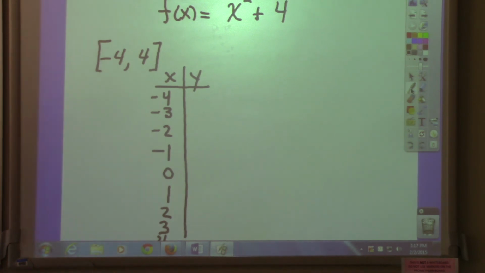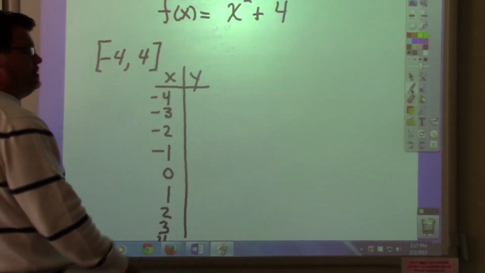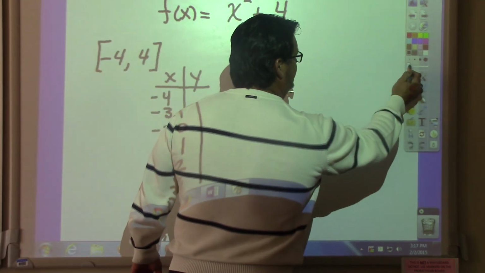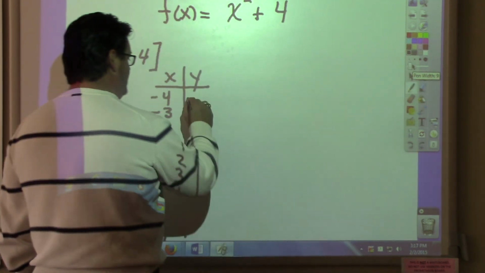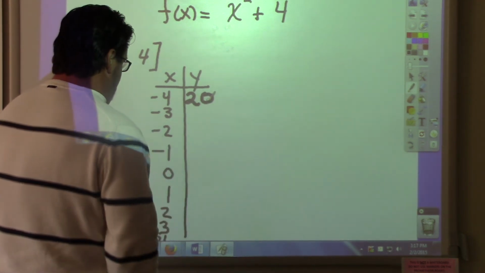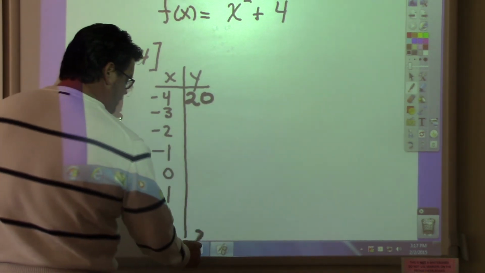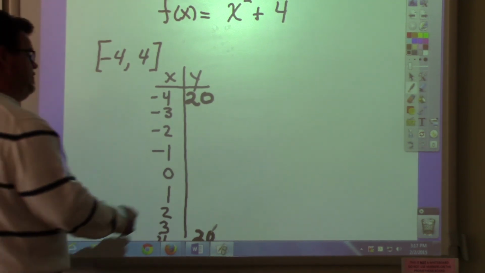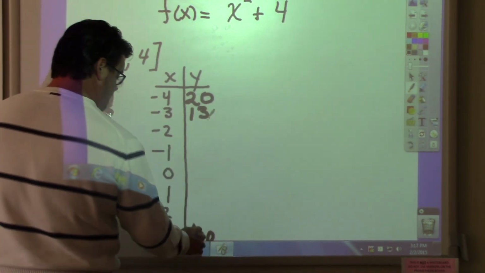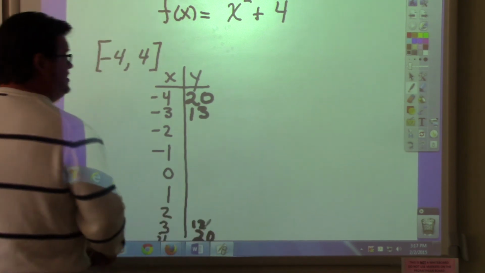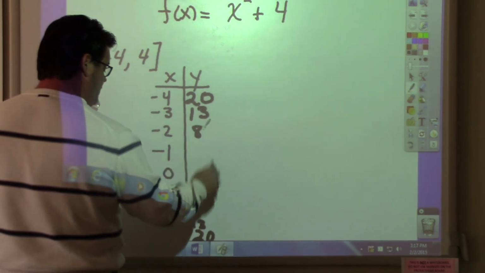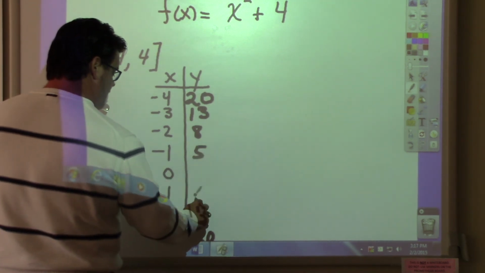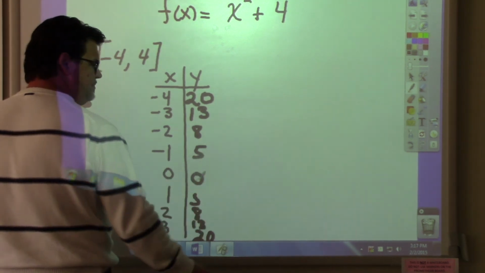And -4 squared is 16. 16 plus 4 is 20. And that's going to be here, 20 also. -3 squared is 9. 9 plus 4 is 13. 2 squared is 4 plus 4 is 8. 1 plus 4 is 5. And 0 plus 4.